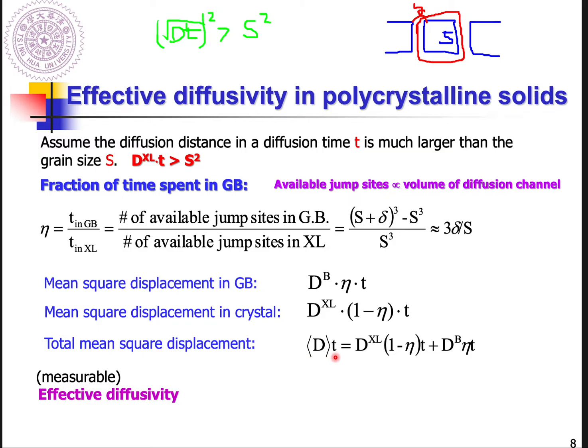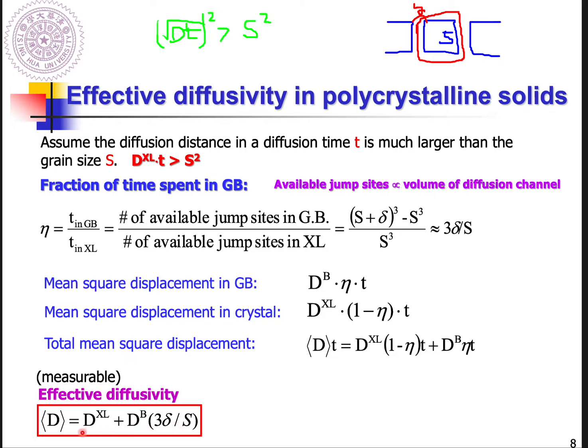Finally you drop the t, and the effective diffusivity can be expressed as D_XL, the diffusivity in the crystal, plus the diffusivity of the grain boundary times iota. Iota is the fraction of the time spent in the grain boundary.